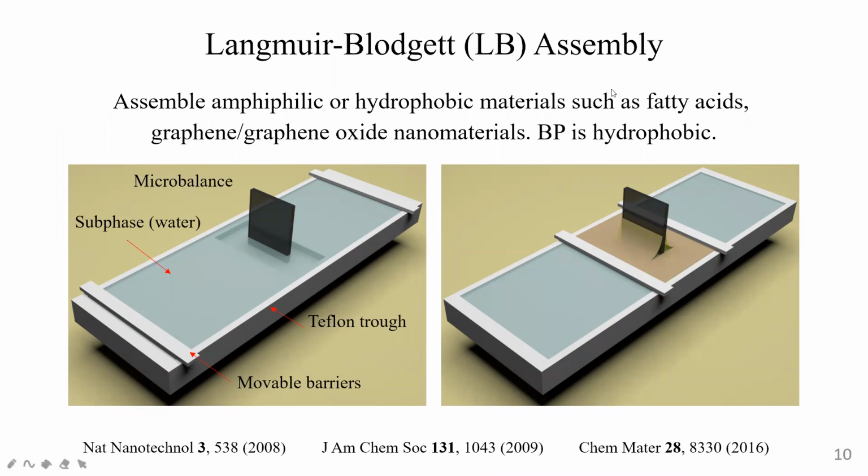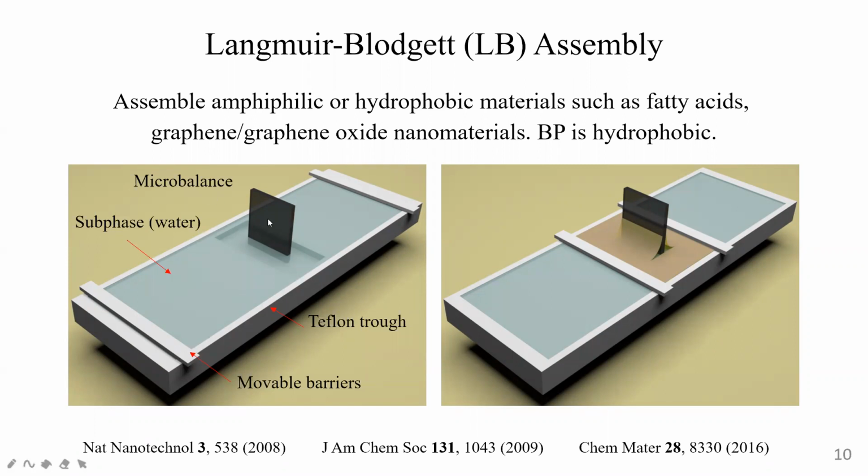The LB assembly technique is a well-developed technique that has been used to assemble amphiphilic or hydrophobic materials such as fatty acid, graphene, or graphene oxide nanomaterials. The basic setup of LB assembly is a Teflon trough, which is filled with a subphase such as water. And there are two movable barriers controlled by motors.